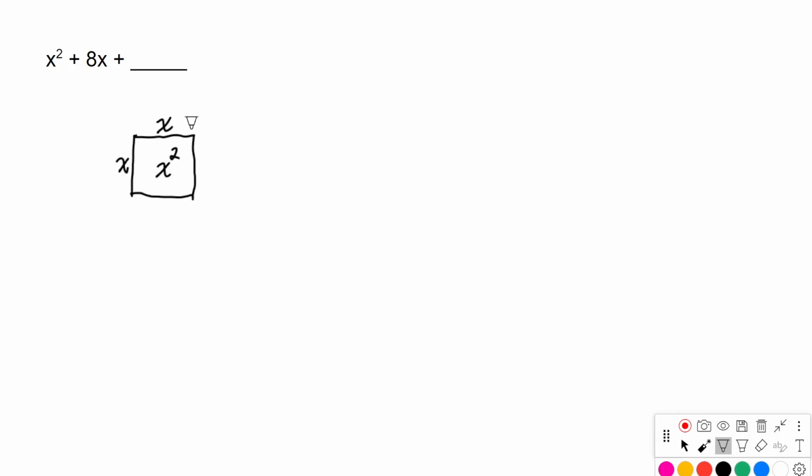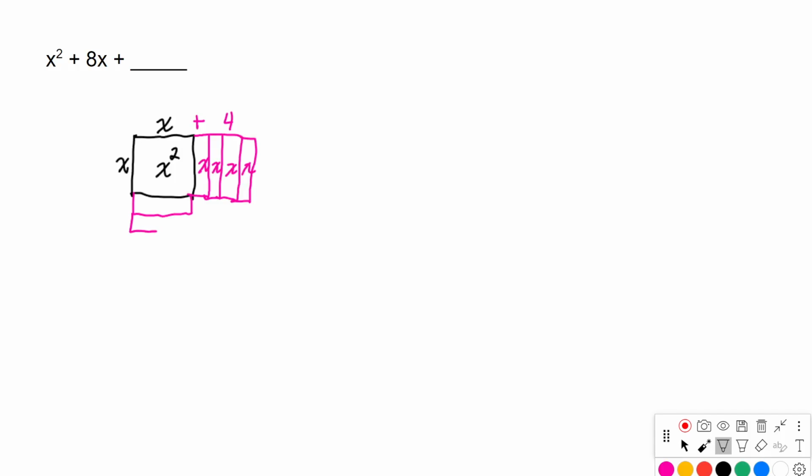So half of them need to go on one side and half of them need to go on the other dimension. So half of 8 is 4, so that's going to be 1, 2, 3, 4. So we have x plus 4. And each of these has an area of x.